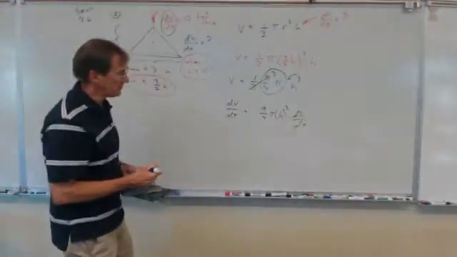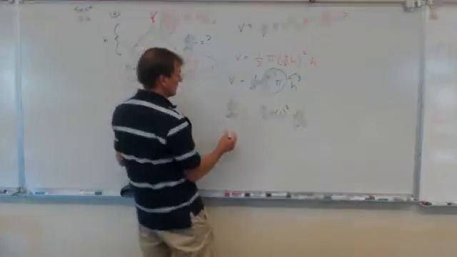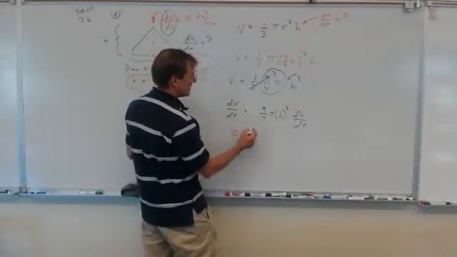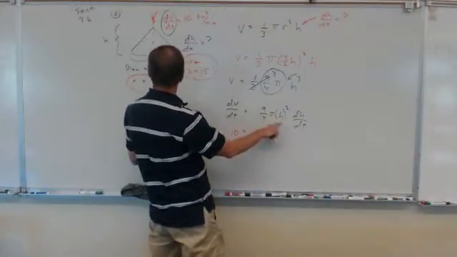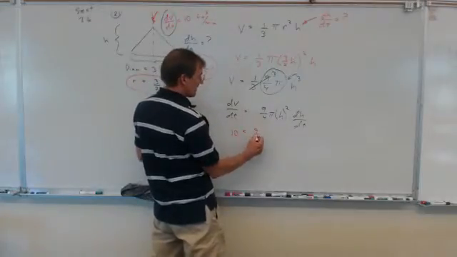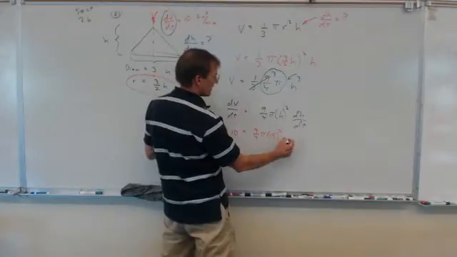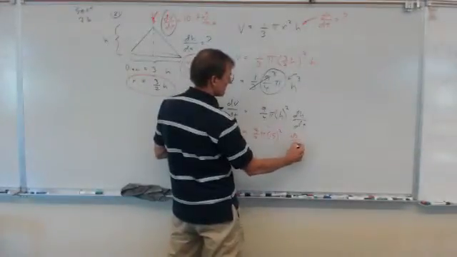So that's the chain rule, okay? Now we know everything here, so we can put numbers in. dV/dt is 10, h is 15, so it's 9/4 pi 15 squared times dH/dt.